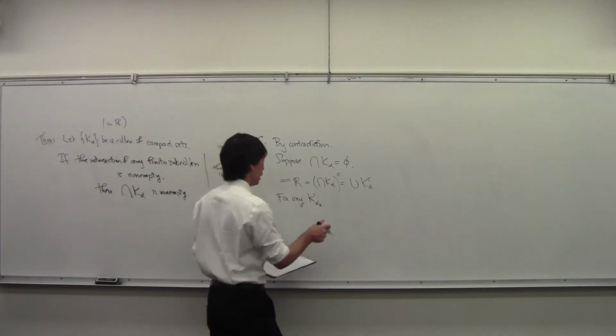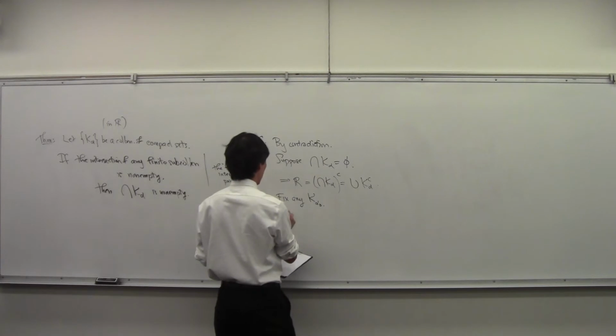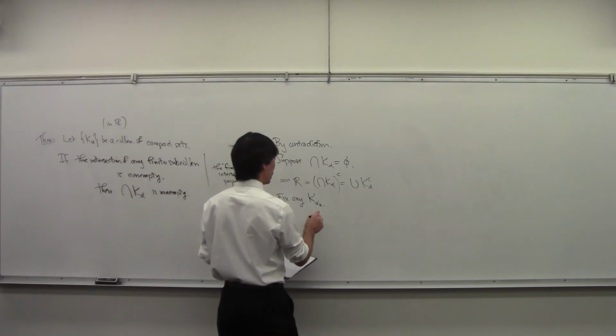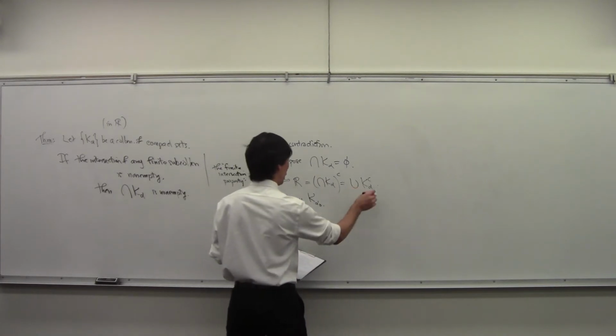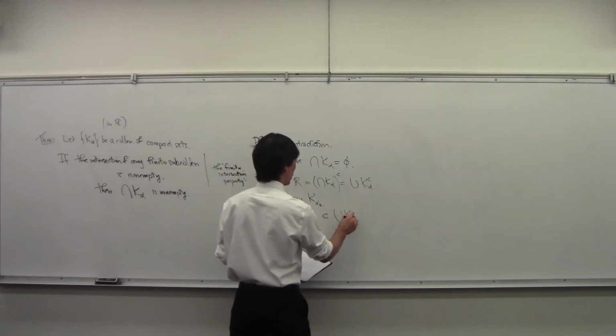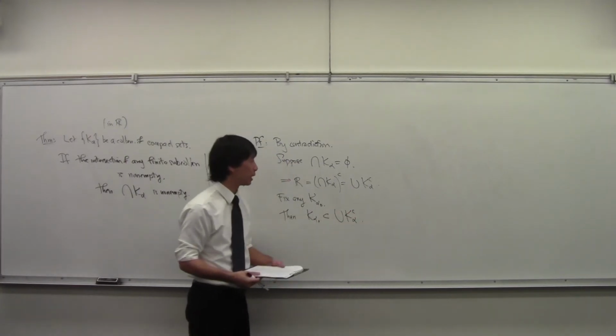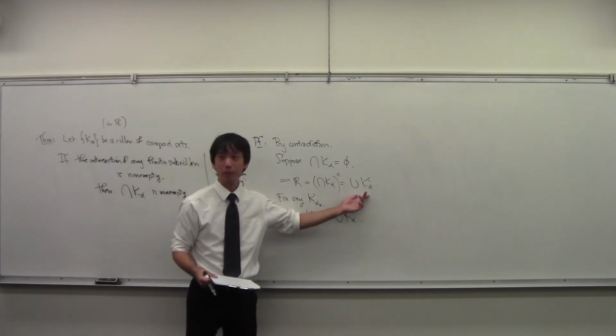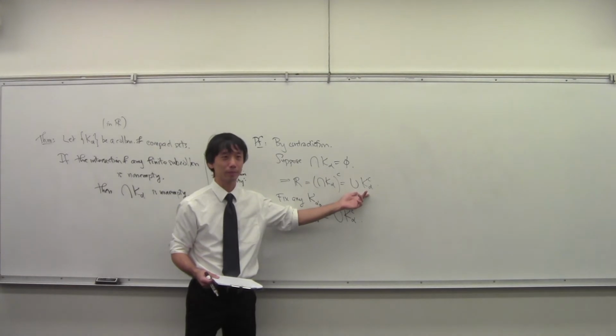Then K alpha naught is contained in the union of these complements, because the union of the complements covers the whole space.